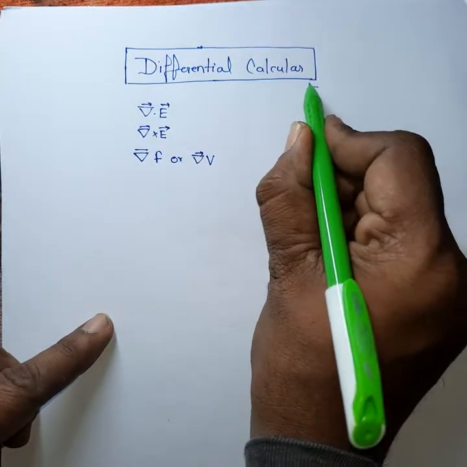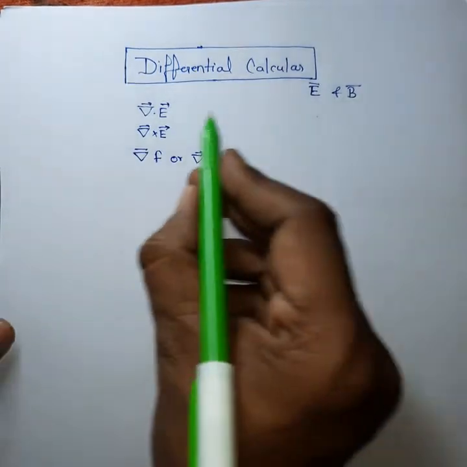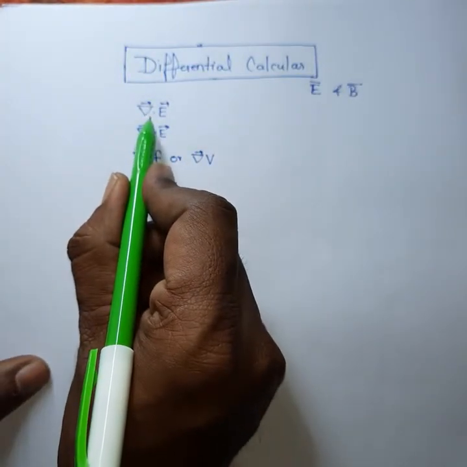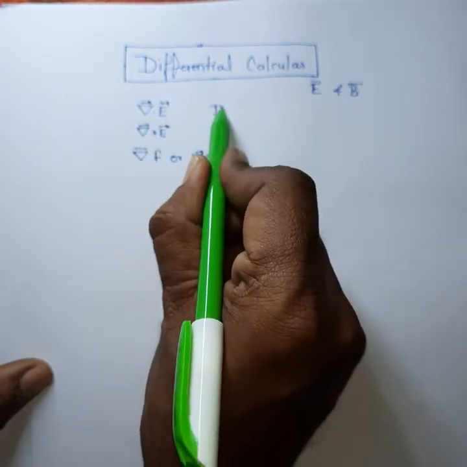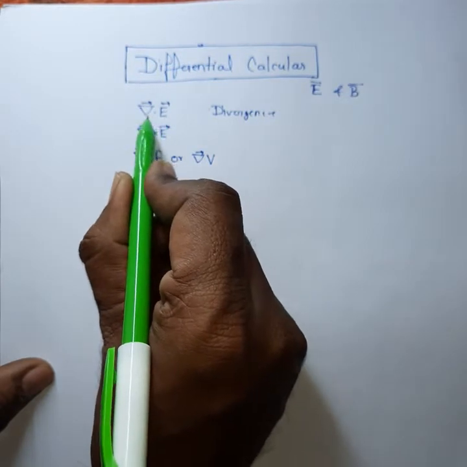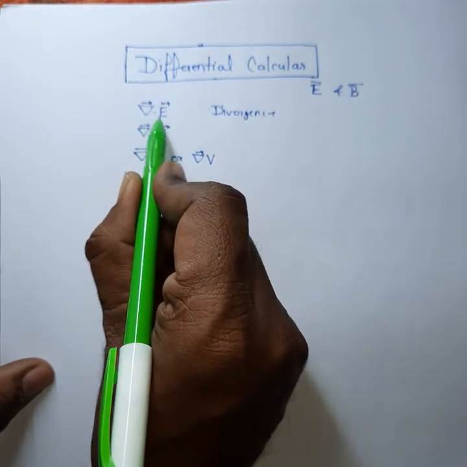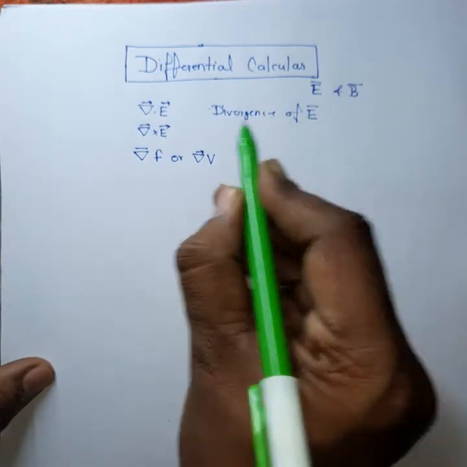Suppose E and V are two fields in electromagnetic theory. This term is defined as divergence of E. Whenever you write it like this, you say that this is divergence of E. What is E? E is electric field.